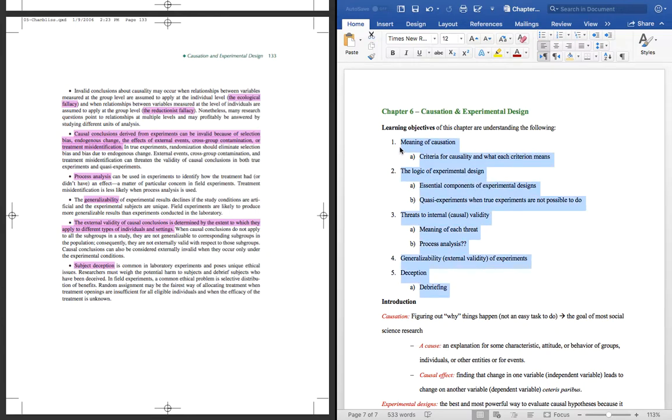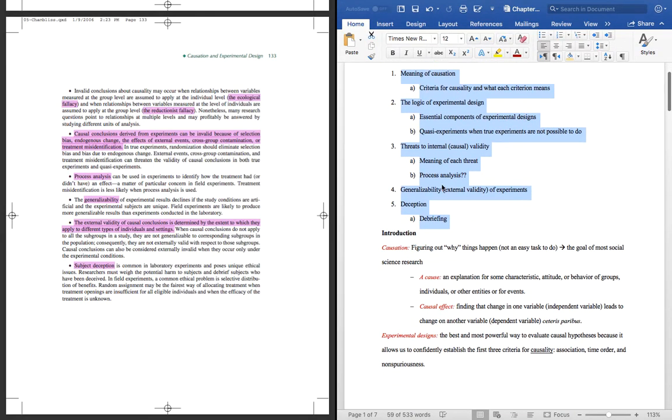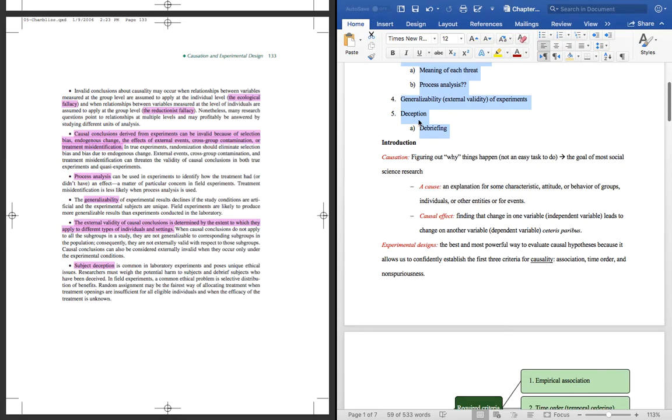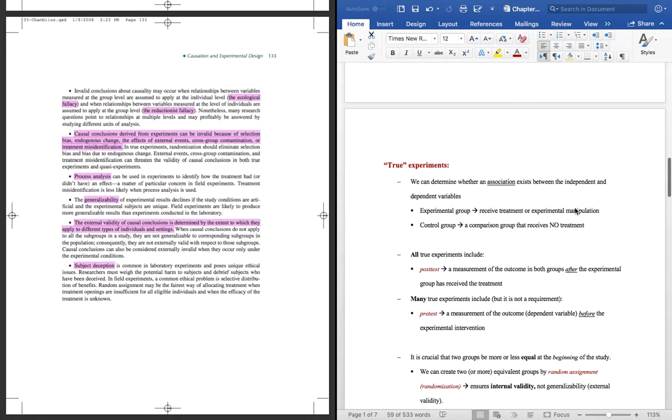So we started by defining what causation means. And then we continued on with what experimental designs are. And then we learned about the factors that can threaten the internal validity of our experiment. Then we talked about the generalizability of our experiments, and then we talked about deception and debriefing.